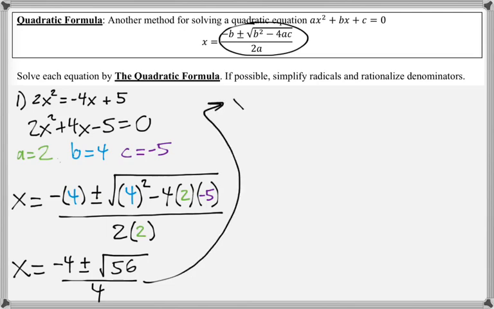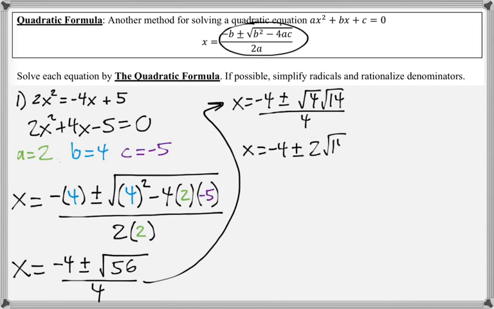This is going to be x is equal to -4 plus or minus, the square root of 56 can be simplified into square root of 4 times square root of 14 over 4. And that's going to be -4 plus or minus 2 square root of 14 over 4.